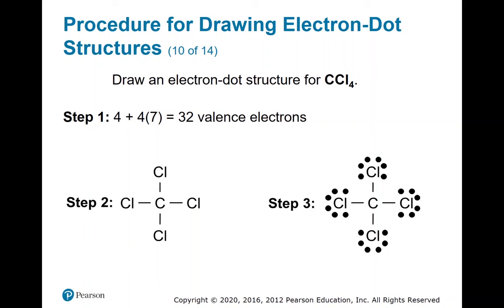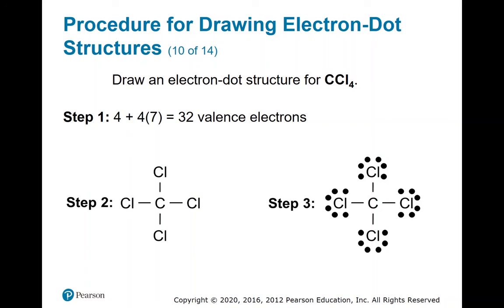In our case, that would be carbon and chlorine. If in doubt, go with the less electronegative element for the atom in the center. So if you look up the electronegativity values, which is on a previous slide, carbon is less electronegative than chlorine. So we could use those guidelines as well to tell us to put carbon in the center of the molecule and put chlorines as the terminal or outside atoms.